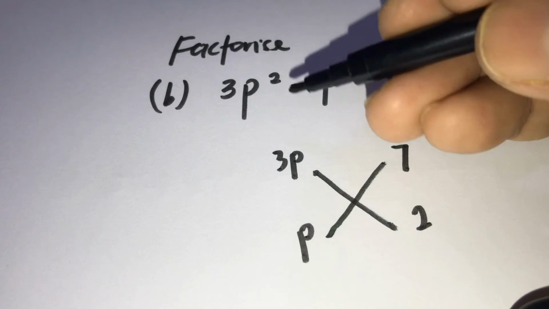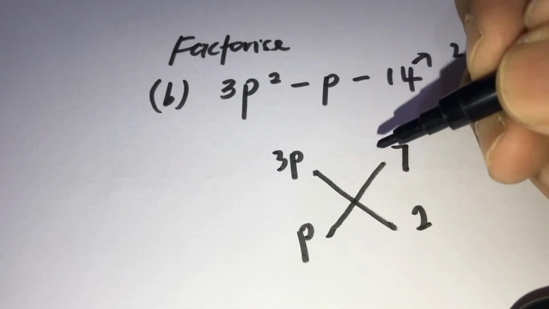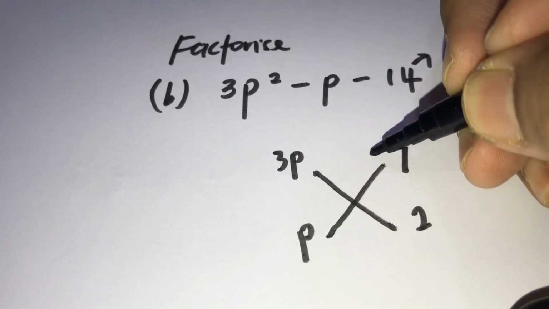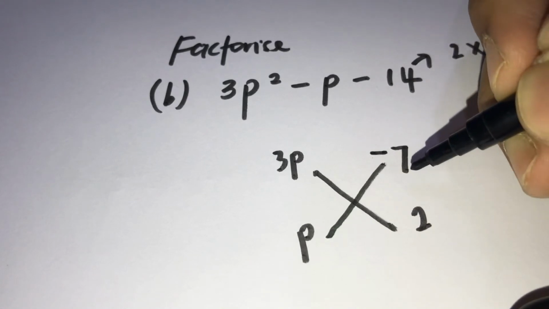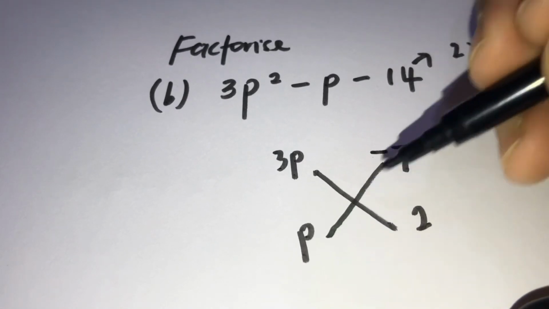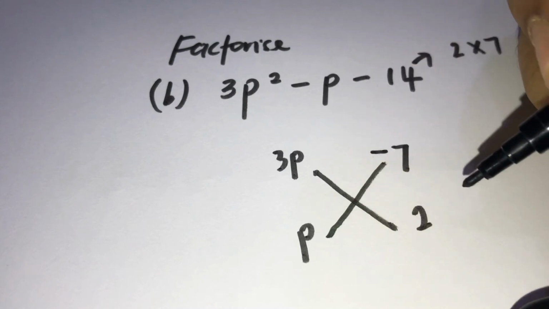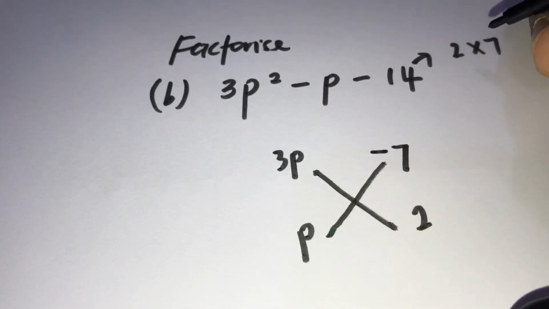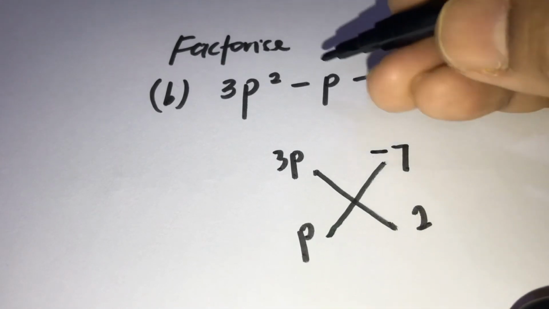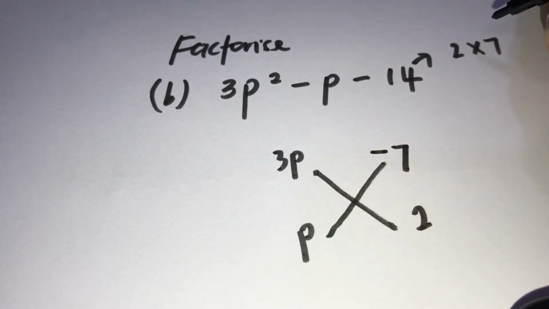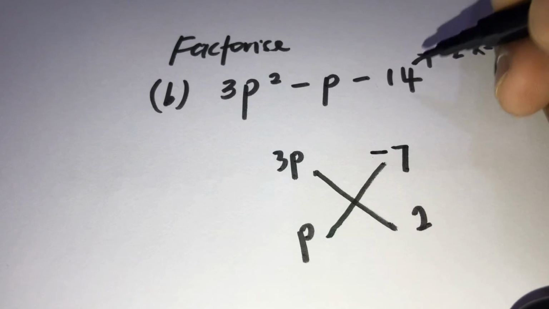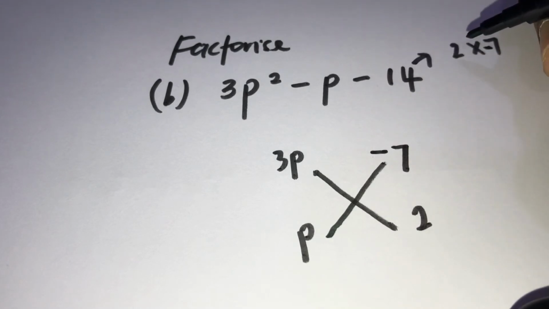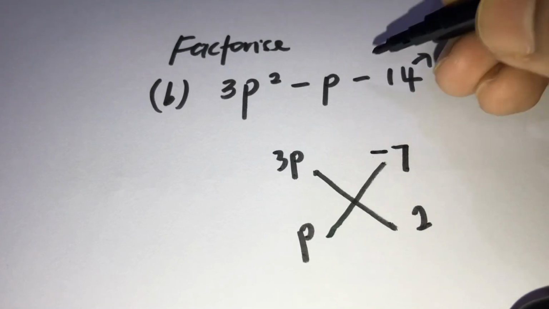You want to make negative p, so you have to put it at 7, because negative 7p plus 6p becomes negative p. So you must put negative 7, because you want to get negative 1p. Here must be negative because here is negative 14. So 2 times negative 7, you get negative 14.